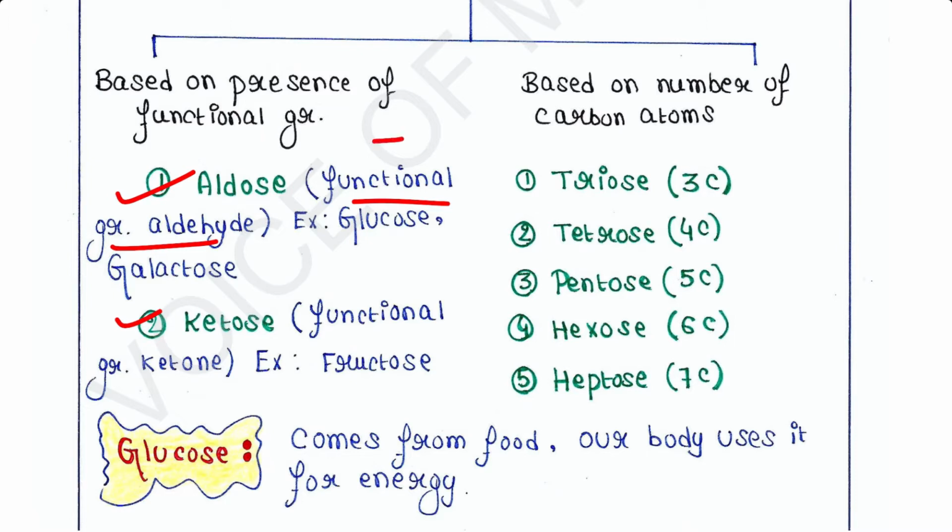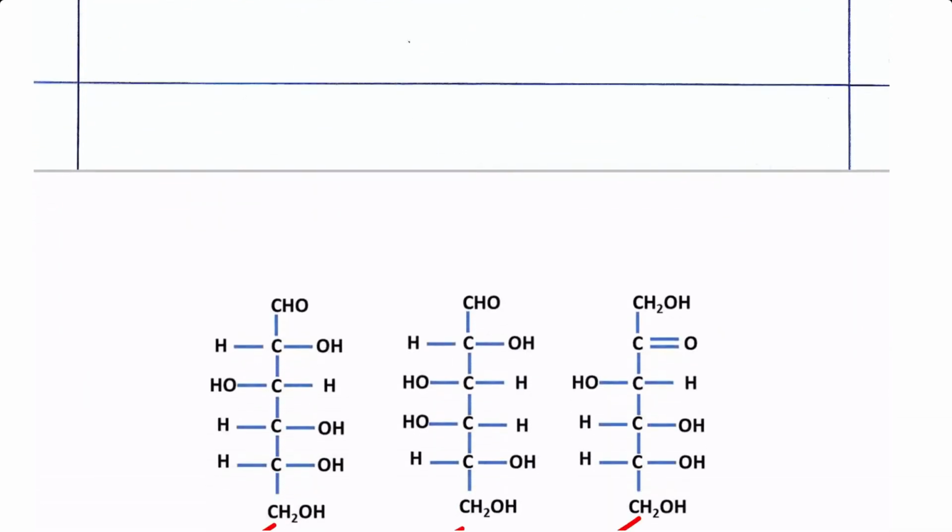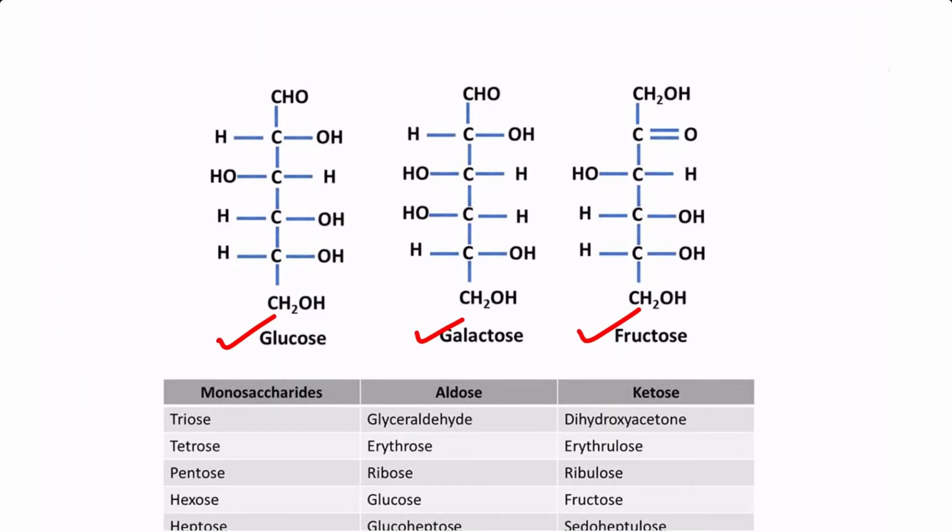Aldehyde means this is CHO. Example: glucose, galactose. So you can see here in glucose and galactose, aldehyde group CHO are present. So they are aldose.